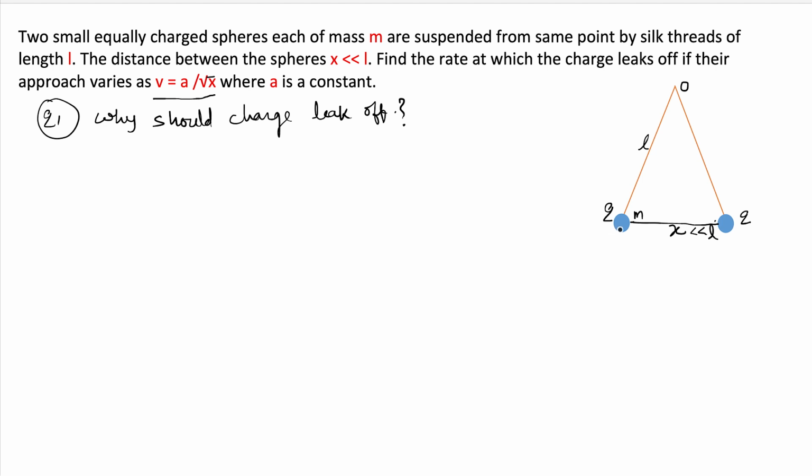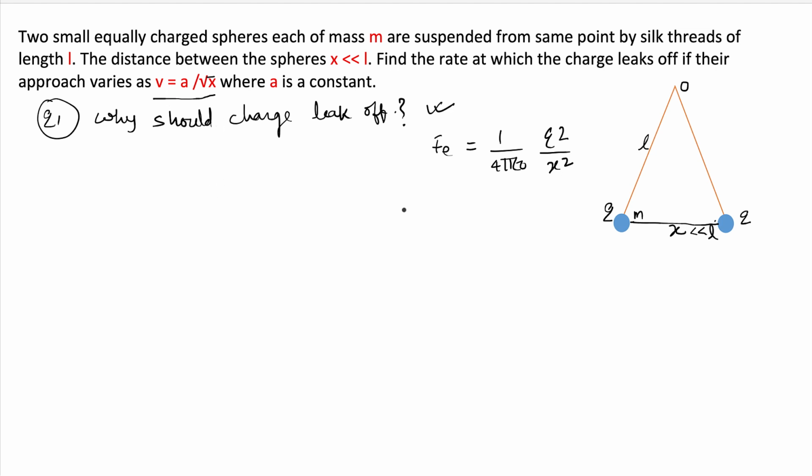And why would it change? The only thing that can change here is the Q, because the electrostatic force is 1 by 4 pi epsilon naught Q square by x square. Unless this changes, there would not be any approach velocity, right? So the charges must leak off.